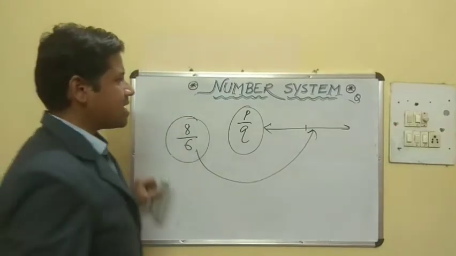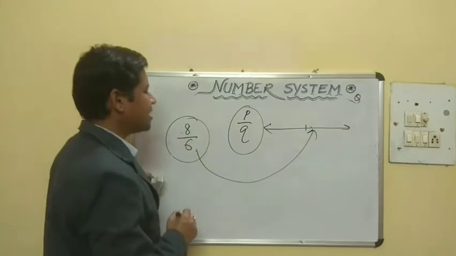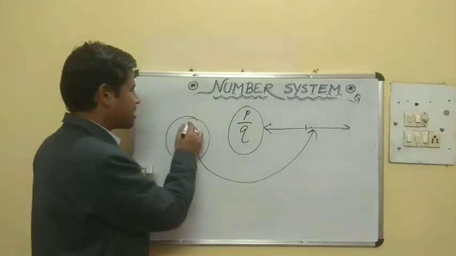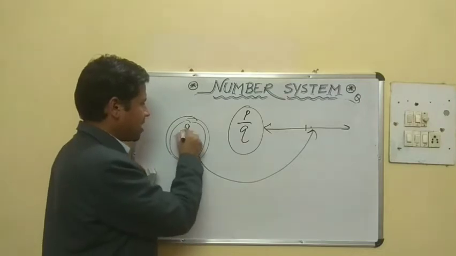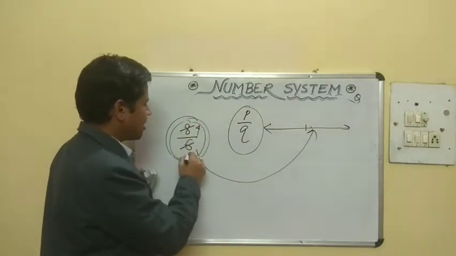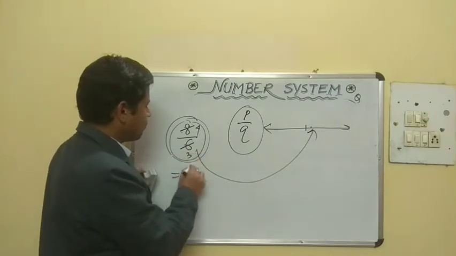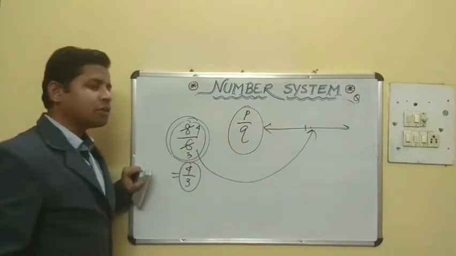No. On the number line, you can't represent 8 by 6 in this form. We have to cancel out: 8 and 6 are both cancelled by 2, so 4 upon 3 will be the simplest form, the reduced form.